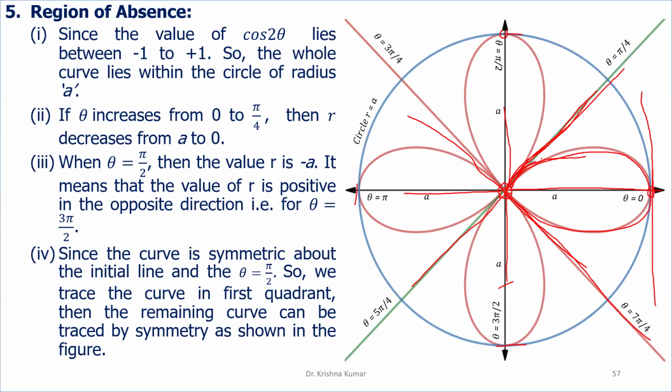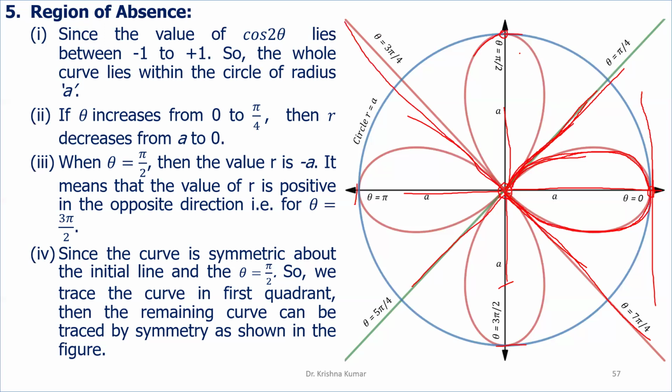Since the curve is symmetric about the initial line, if we draw only the first part, we are able to draw the second part. Right? The curve is symmetric about the initial line again. This is the first part. Similarly, from theta equal to pi by 4 to theta equal to 3 pi by 4, we have another loop. This is tangent.